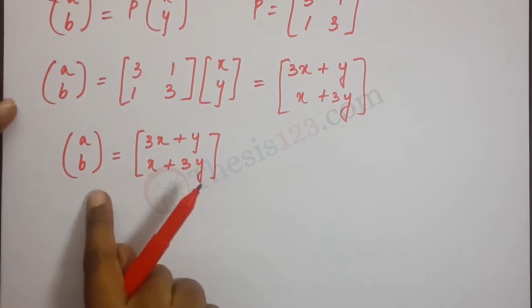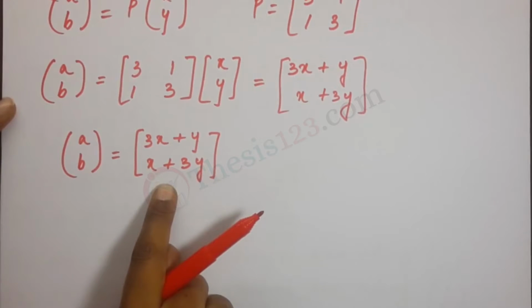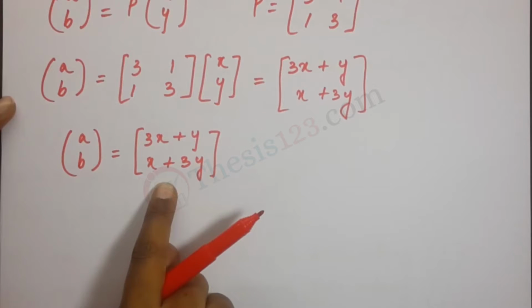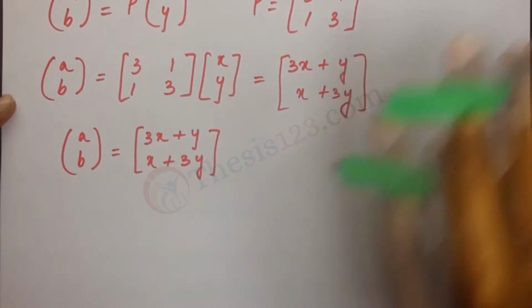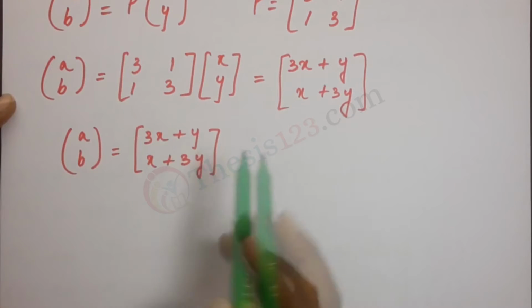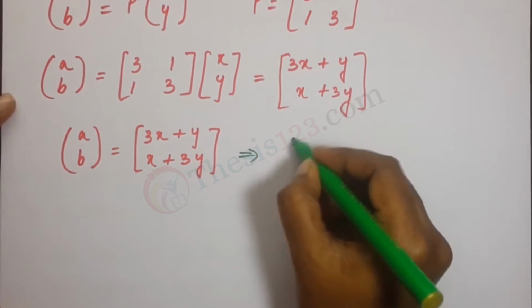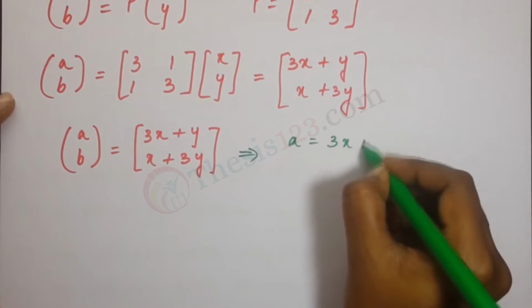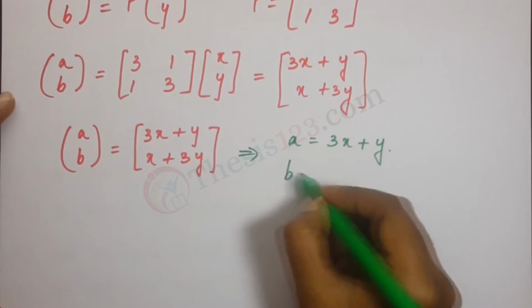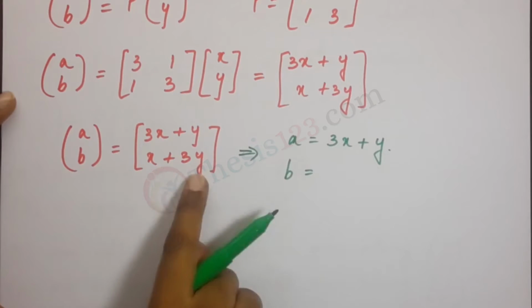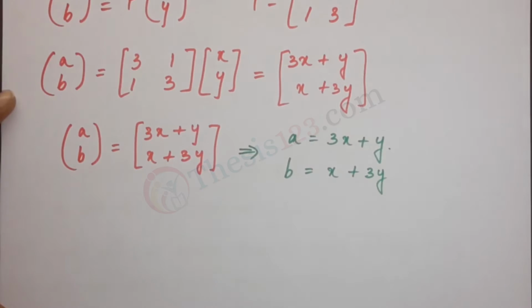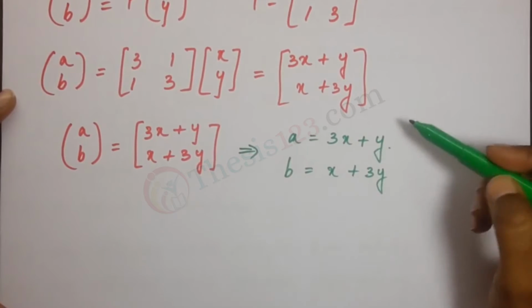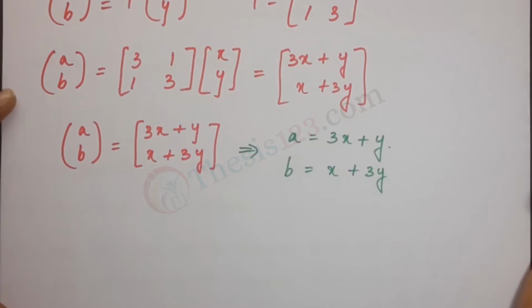If we compare both sides of the expression, we'll obtain two equations. A is equal to 3x plus y, and the second is b is equal to x plus 3y. Now, in the question, we have another relation.